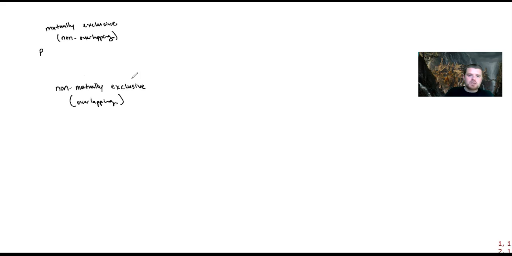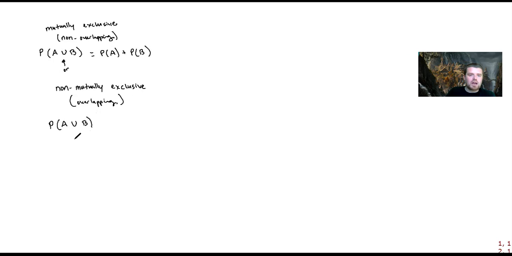For mutually exclusive events, the probability of A or B, and we use this union symbol to indicate or, is simply the probability of A plus the probability of B. So you're simply adding those two things together. Now, if you are looking at the probability of A or B where they are non-mutually exclusive, meaning that there is some overlap, this changes a little bit.